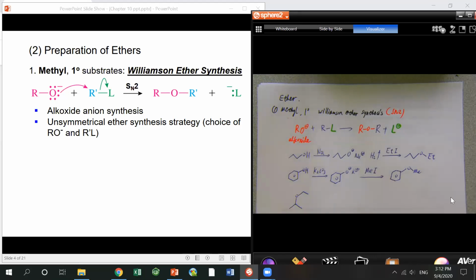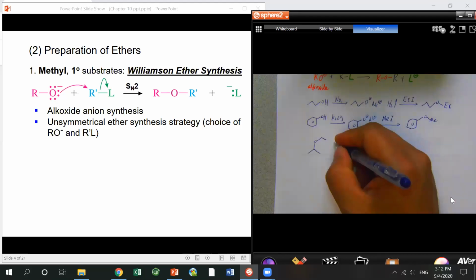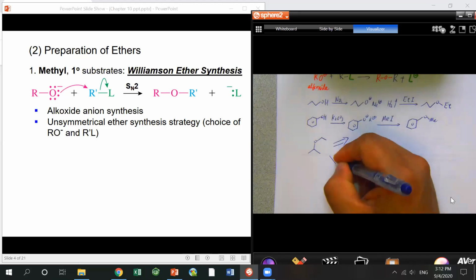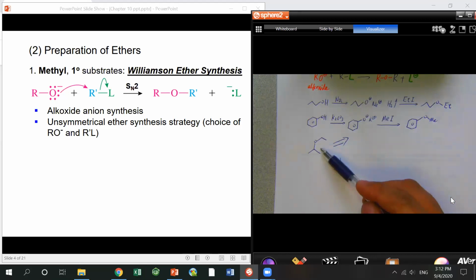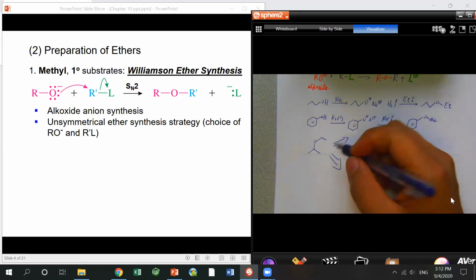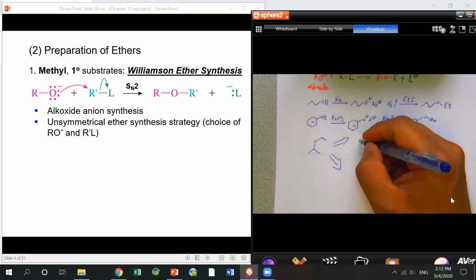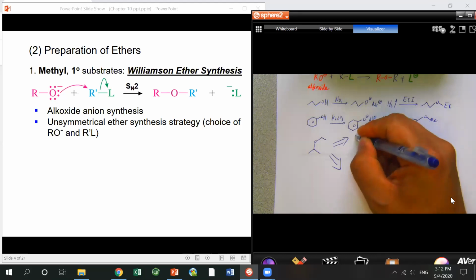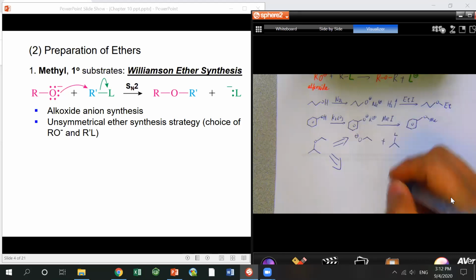Here's the ether we want to make, and we can have two pathways. These arrows show the retrosynthesis, showing what starting materials are used to make this product. In one, we can use the ethyl part as the alkoxide and react it with the isopropyl part as the substrate, with a leaving group here.